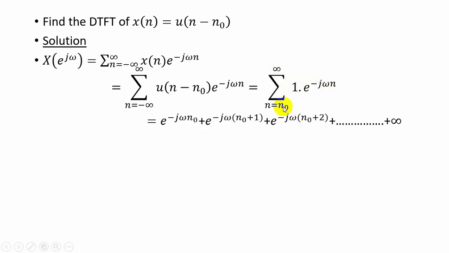When you are expanding this summation, when n equal to n0, the term becomes e power minus j omega n0. Next value is n0 plus 1, so e power minus j omega into n0 plus 1. Next value is n0 plus 2, that is e power minus j omega into n0 plus 2. Likewise it will go on. When you take e power minus j omega n0 outside, it becomes 1 plus e power minus j omega, e power minus j 2 omega, e power minus j 3 omega, likewise.